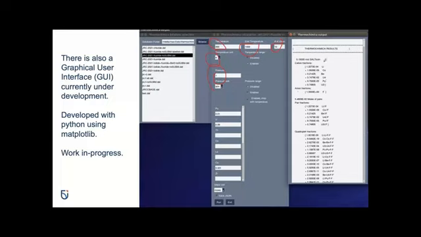And then on the far right, similar to the terminal output, you can see the output of the predicted phases from this calculation. Not sure if it matters, but this is being developed with Python heavily relying on matplotlib.